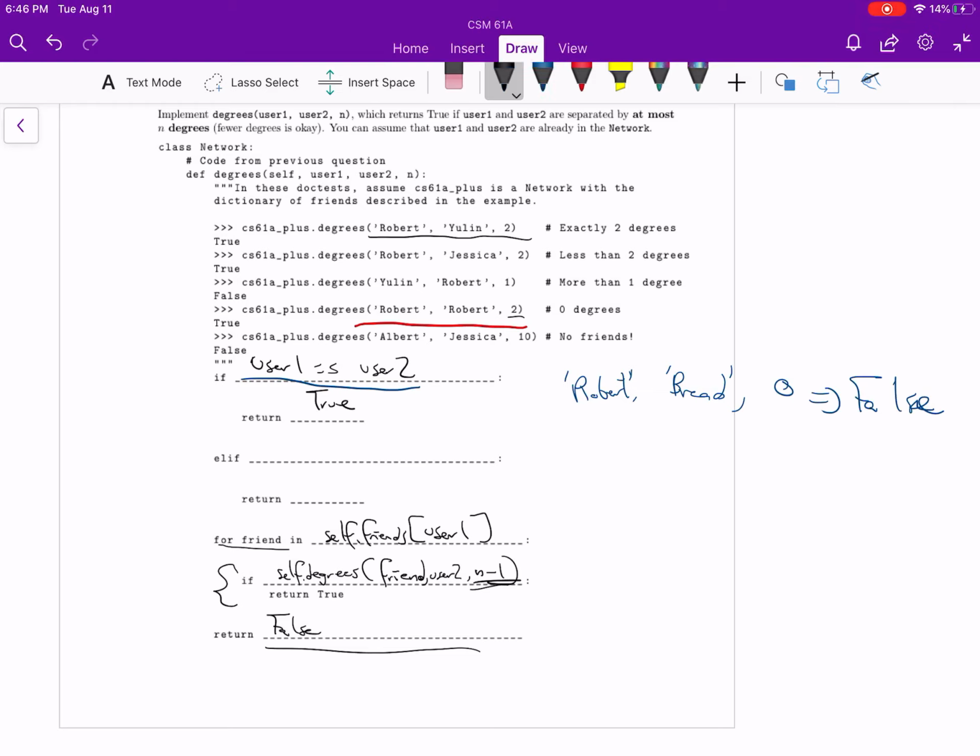So as long as n is equal to 0, we want to return false. Because if n is equal to 0 and user 1 is not equal to user 2, only then are we going into this elif case. We could also do less than or equal to 0, which I believe the answer does, but I don't believe we'll ever get to that.